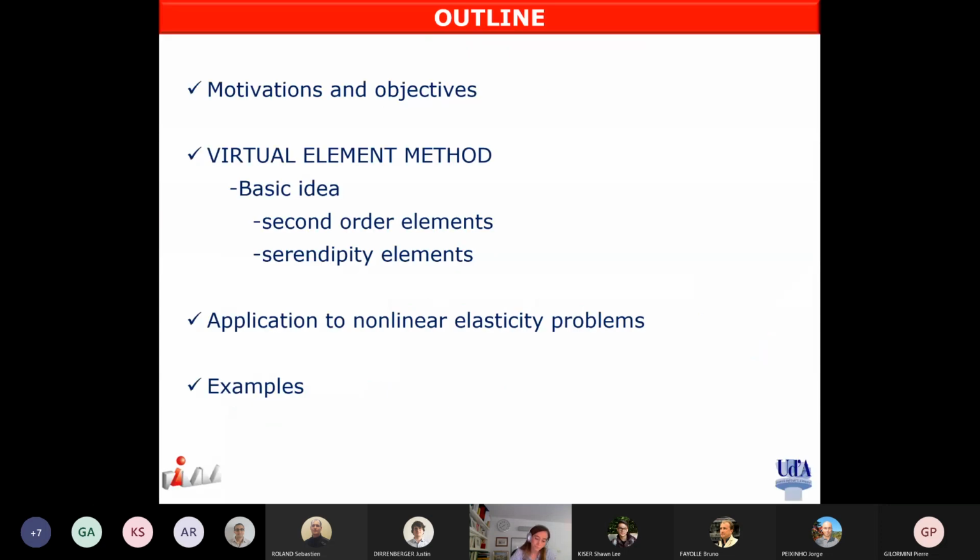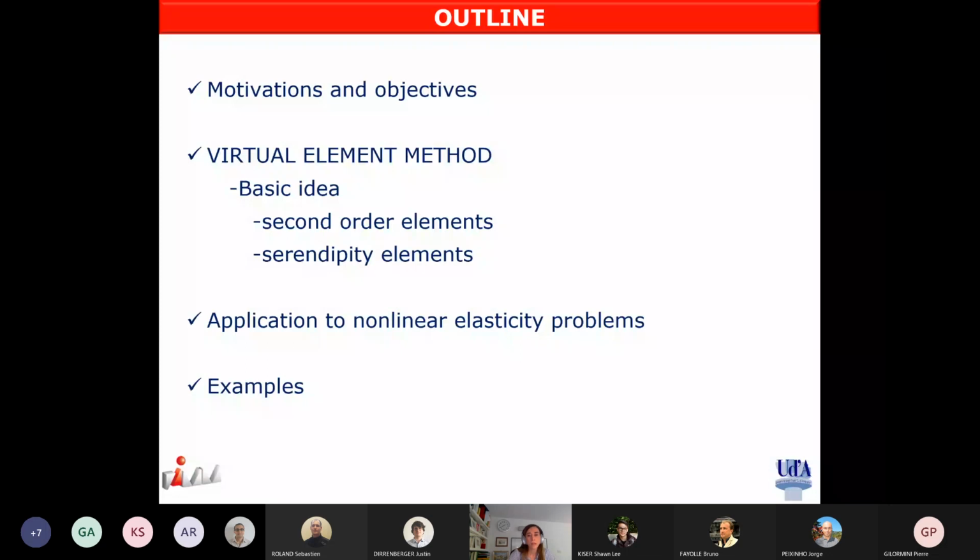This is a brief outline. I start by explaining the idea behind the work and the objectives we wanted to pursue. Then I will get to the very heart of the work, that is the virtual element method. I will introduce this method starting from the basic ideas, and then I will move to second order elements and specifically serendipity elements.